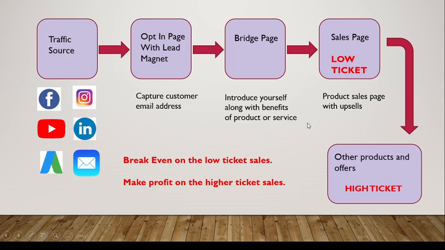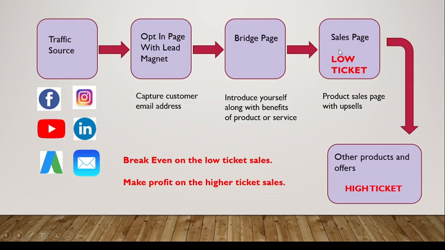Then come the upsells. Then you offer them the upsells. They're in your funnel. You can offer them the upsells, more sales pages. You can slowly then offer other products and offers at higher ticket prices. So they've come in through your basic funnel.